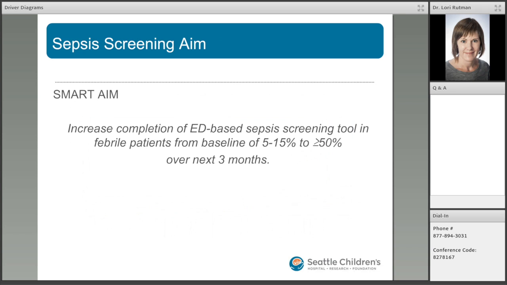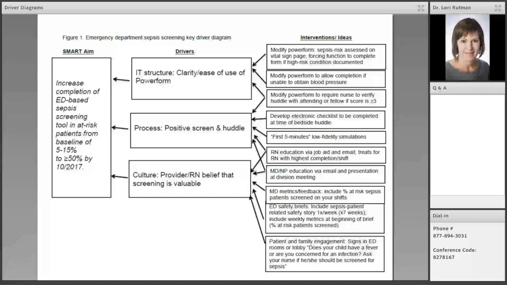But when you're thinking about actually doing QI work, you need to take small steps and think about, a priori, what is going to be a realistic level of improvement that I can expect in a shorter time frame. This project was really a 3-month goal, and there's no way we thought we could get to greater than 90% in 3 months. So: small steps and iterative change, knowing that the first change you make is probably not going to be the final change, and allowing the project to evolve and develop over time.